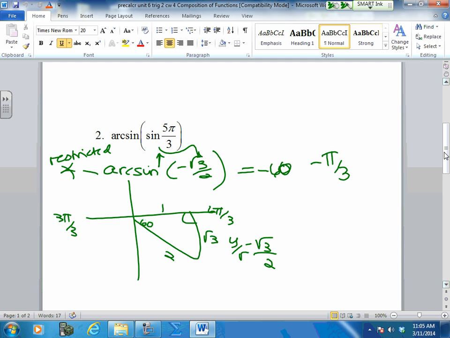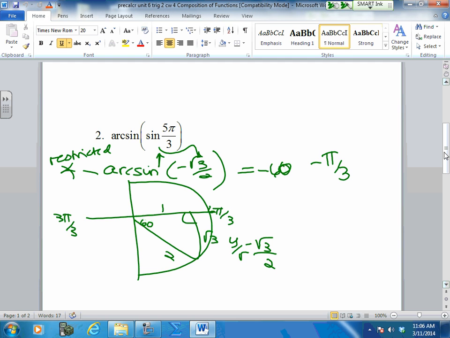Now, why is that? Because it can't go past the angle. We got to go from here to here. We're from negative 90 to positive 90 on a restricted angle, right?